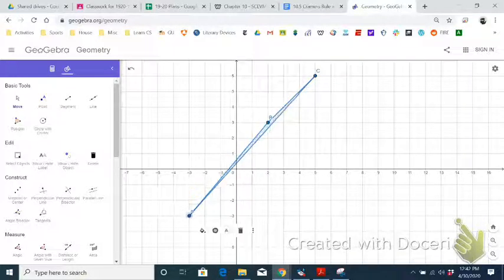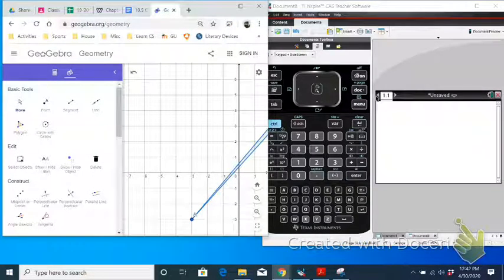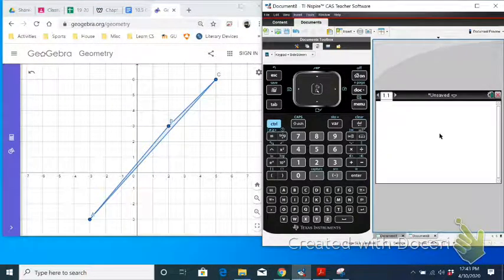So how can we do that without using dynamic software or drawing a picture? We could just use what we did in the previous video for finding the area of a triangle with a determinant.